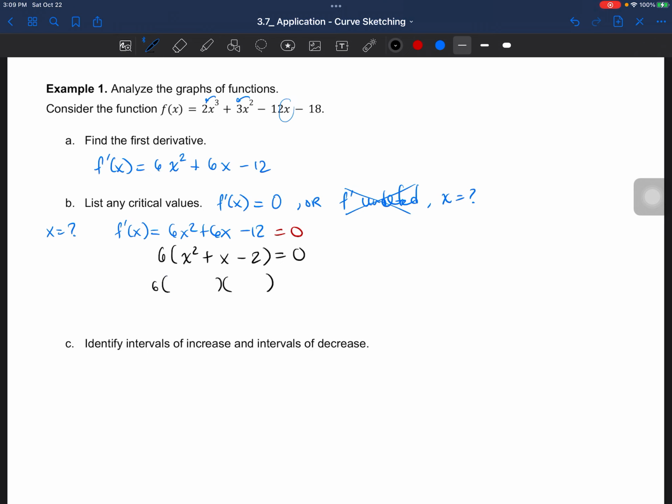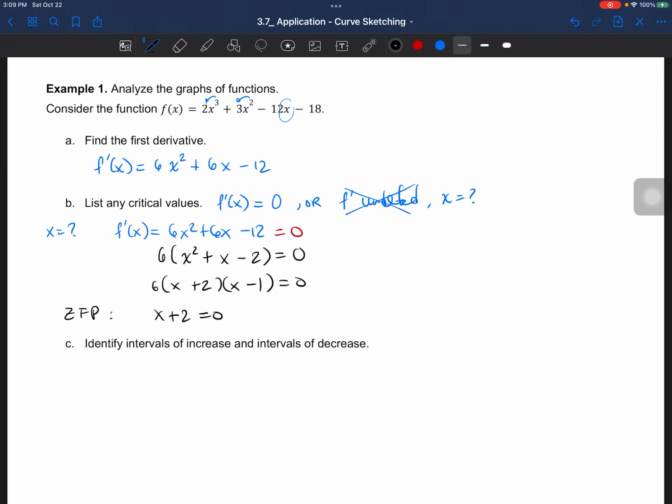And now we can factor this much more easily because it's a trinomial. This will give you a product of binomials, x plus or minus something times the quantity x plus or minus something, right? So two numbers that when you multiply give you negative 2, but when you add them give you 1, and I'm thinking plus 2 and minus 1.